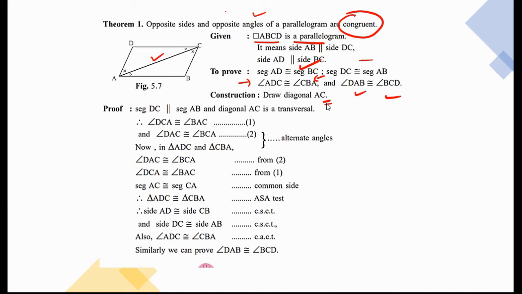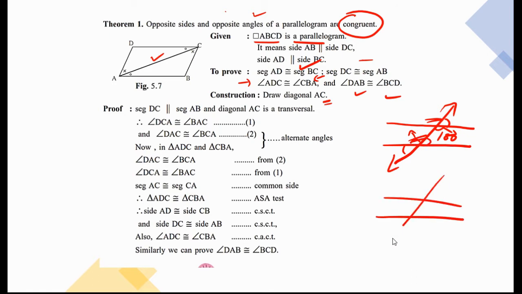After drawing the diagonal, what comes into our mind is the parallel lines and transversal that we studied in 7th standard, where we studied that interior angles sum is equal to 180 degrees, alternate interior angles are congruent, alternate exterior angles are also congruent, corresponding angles are congruent. All these things we studied about parallel lines and transversal.